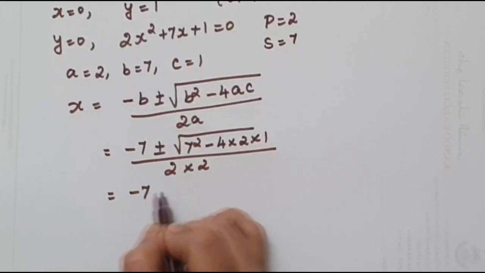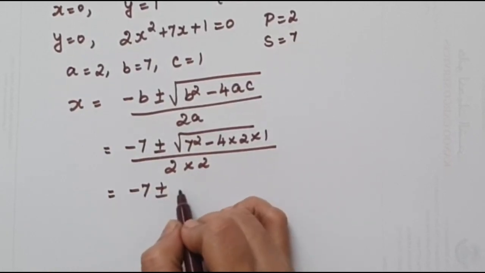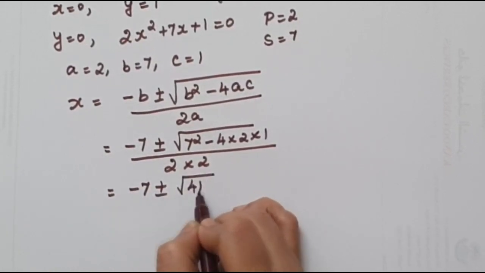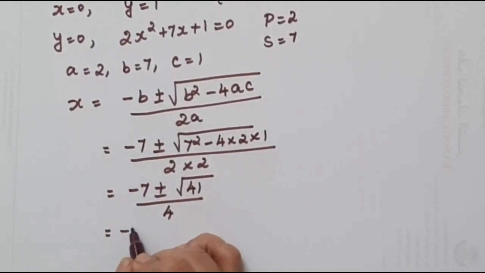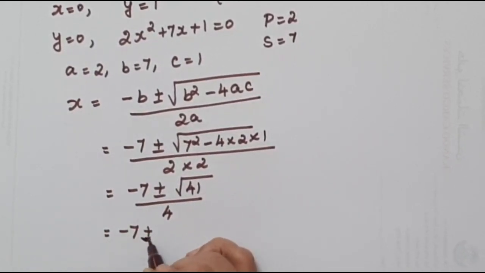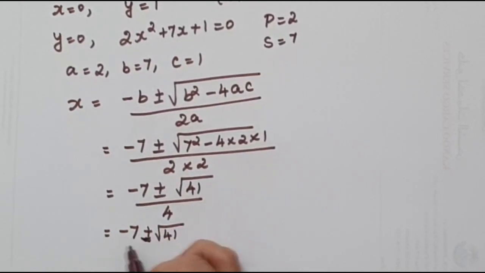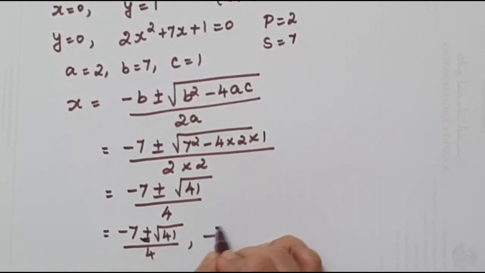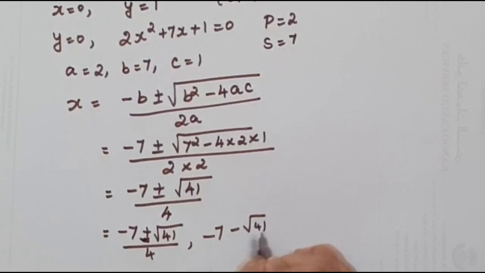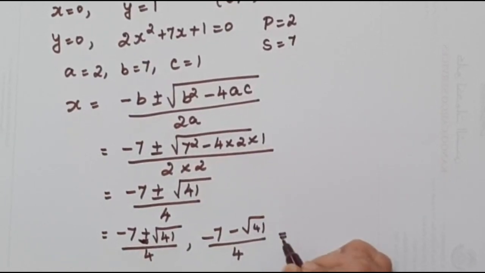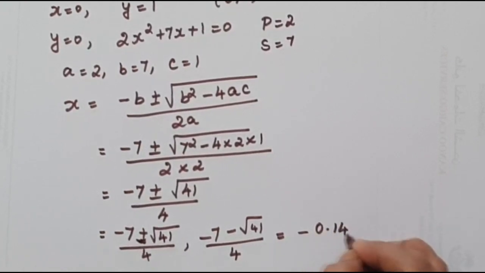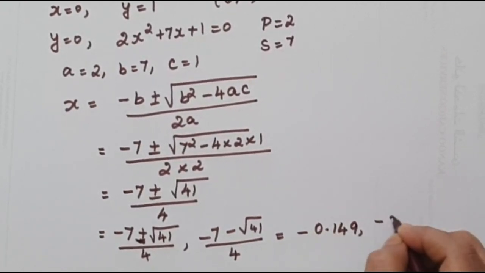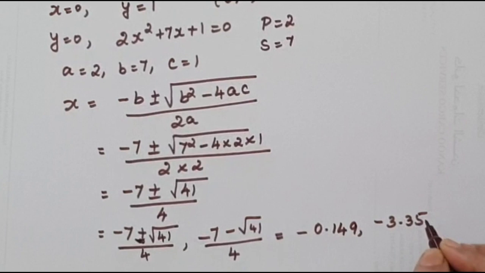So when we simplify it, it is minus 7 plus or minus square root of 41 over 4. So our answers will be minus 7 plus square root of 41 over 4 and minus 7 minus square root of 41 over 4. When we simplify this, we get our answer as minus 0.149 and minus 3.35.